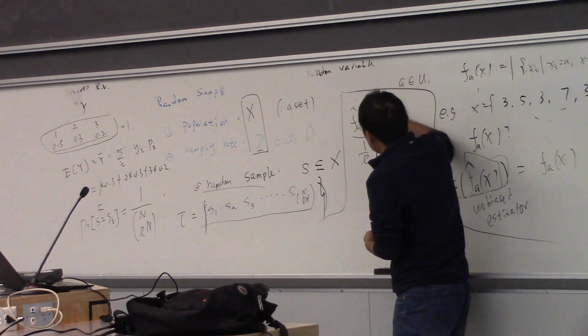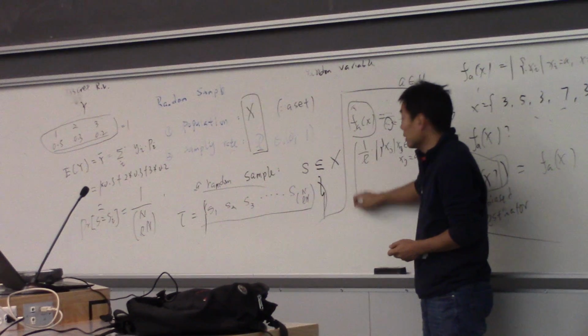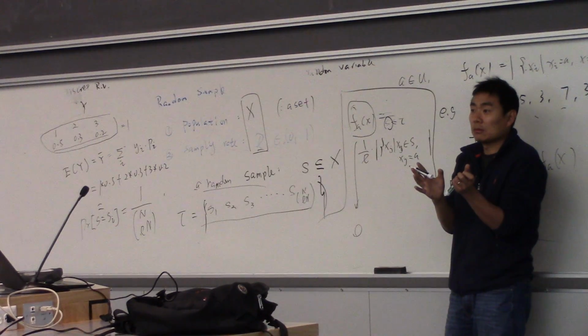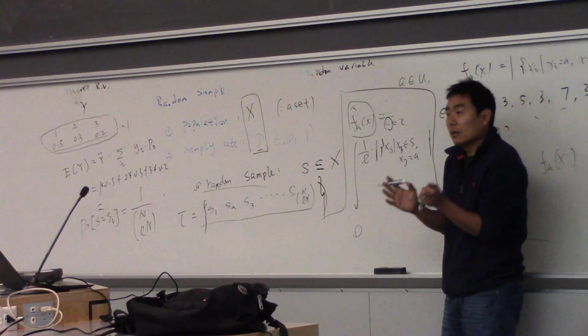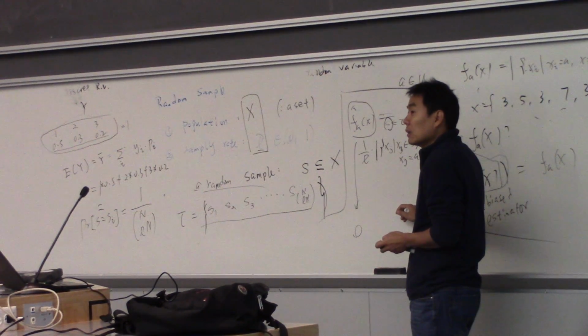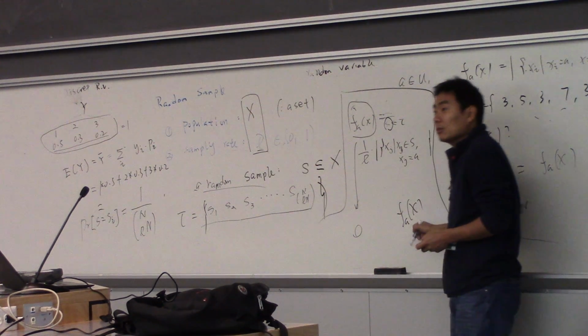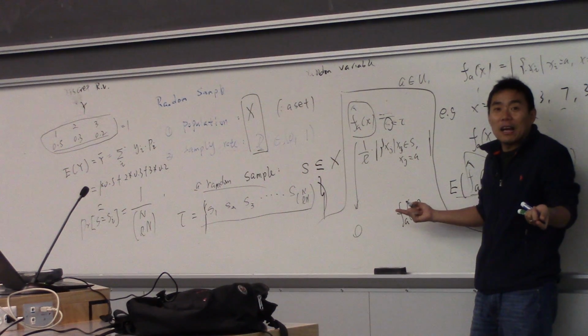That means, what are the possible values of this? In the worst case, it could be 0, if no A value is selected. In the best case, the max value can only be f(A). You cannot be more than this, because that's how many A's you have in X to begin with.